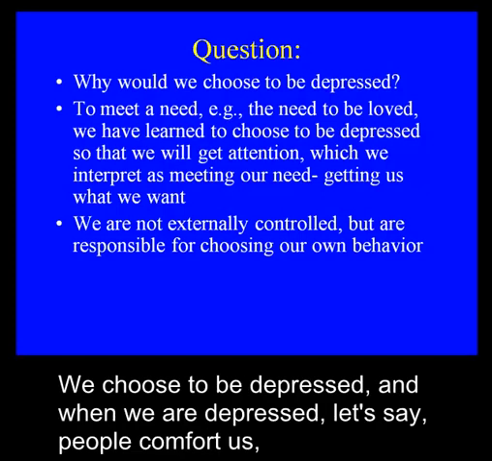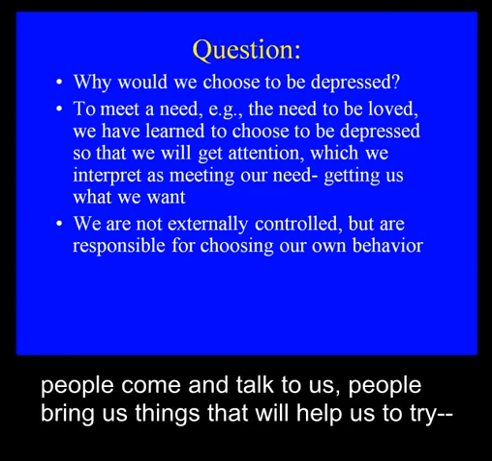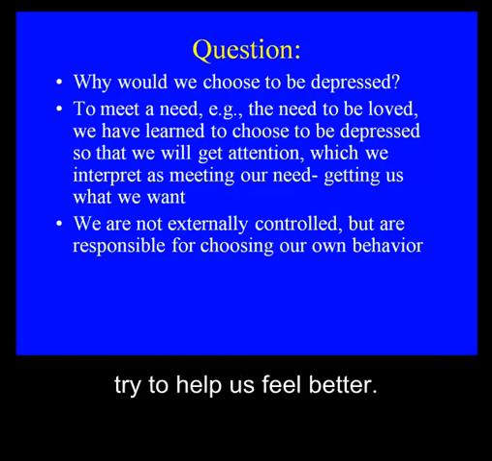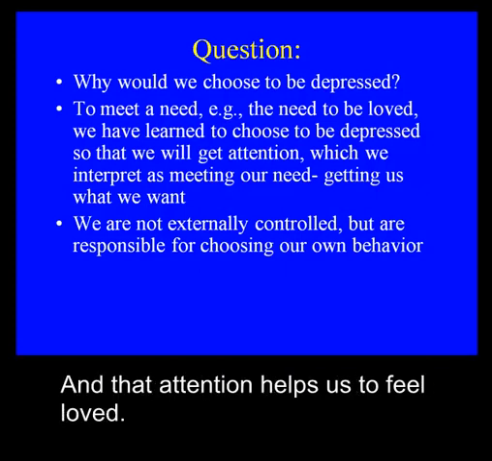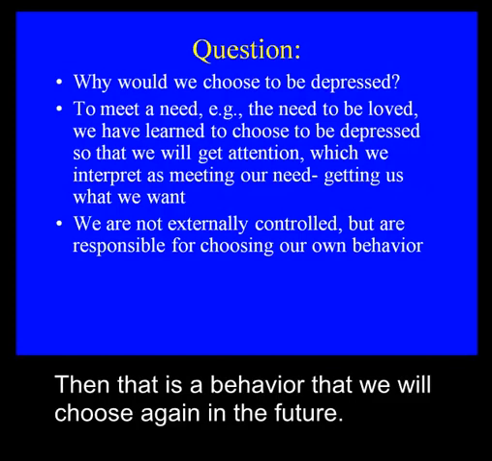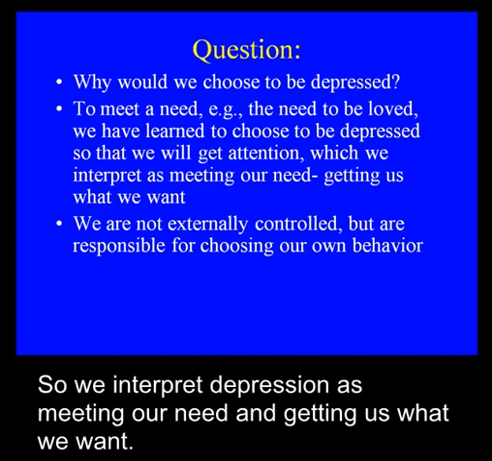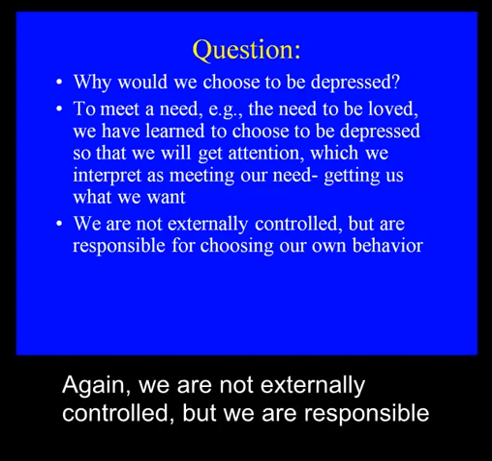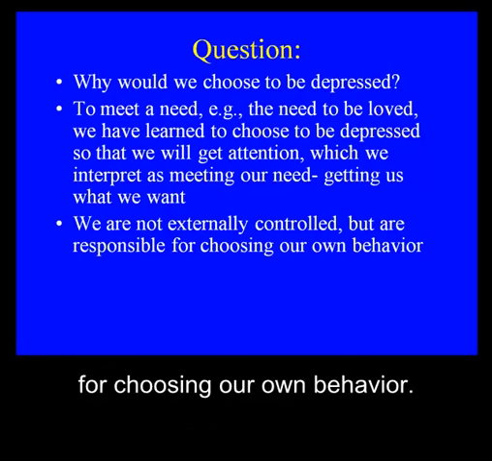We choose to be depressed, and when we are depressed, let's say people comfort us, people come and talk to us, people bring us things to help us feel better, and that attention helps us to feel loved, then that is a behavior that we will choose again in the future. So we interpret depression as meeting our need and getting us what we want. Again, we are not externally controlled, but we are responsible for choosing our own behavior.